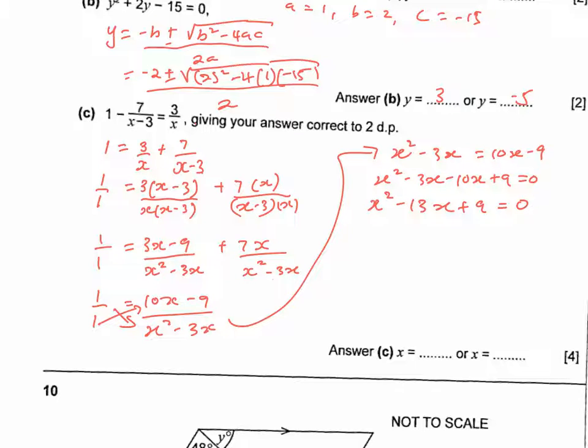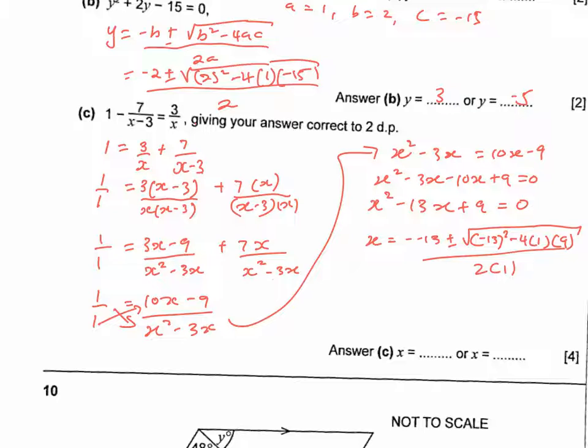Okay, and then if I now solve with the formula, I'll have x equals negative of negative 13 plus or minus the root of negative 13 squared minus 4 times 1 times 9, everything over 2 times 1.